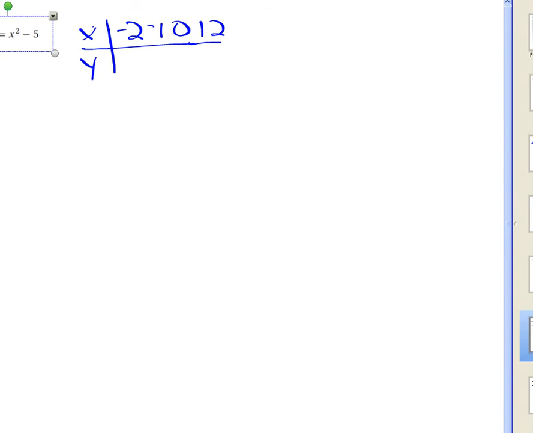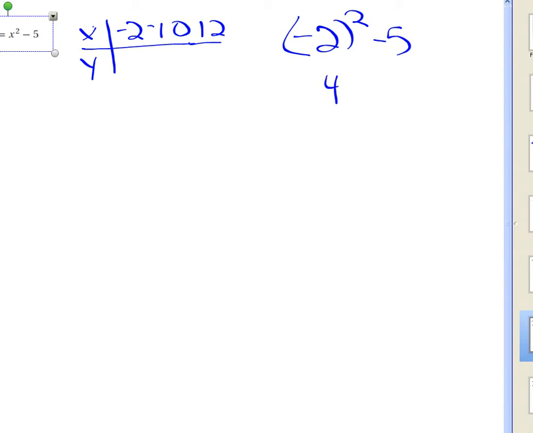Okay, so we substitute our x values in. So we say, what is negative 2 squared minus 5? Okay, so to save ourselves some embarrassment of not remembering how to add and subtract, what's negative 2 squared?